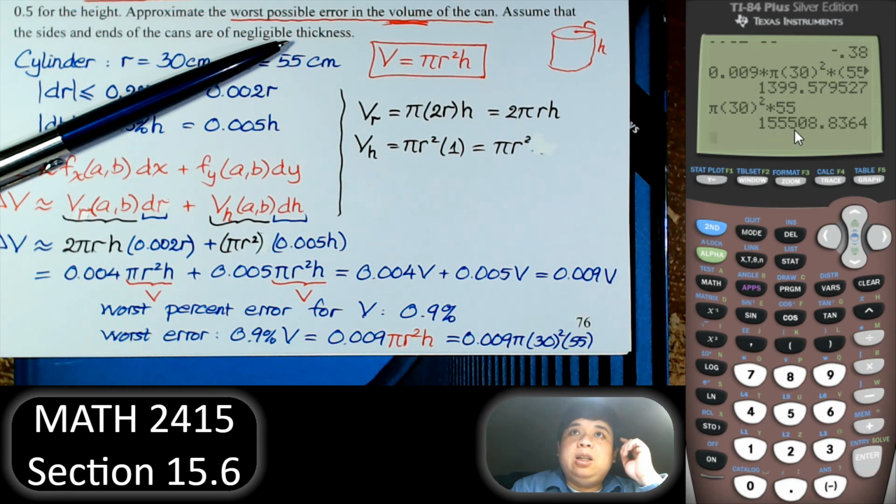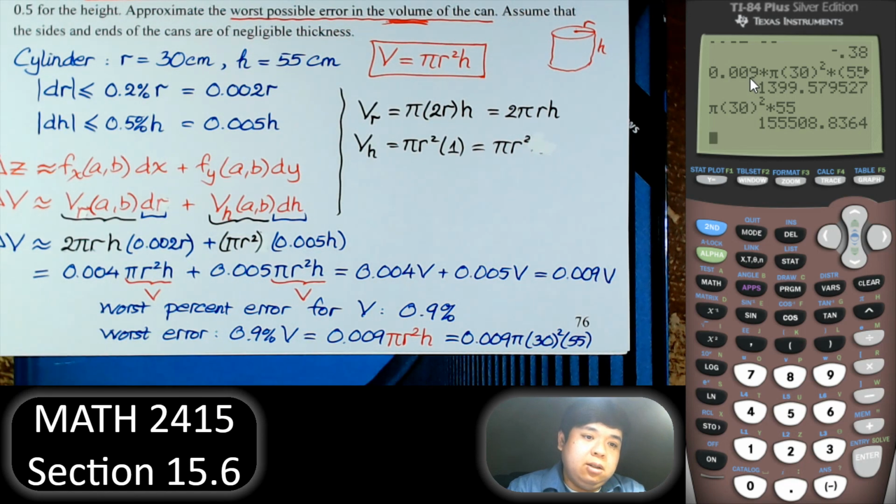So the volume is about that much. And then the error is this much. So the worst possible case is about 1400 centimeter cubed, and the volume is this much.